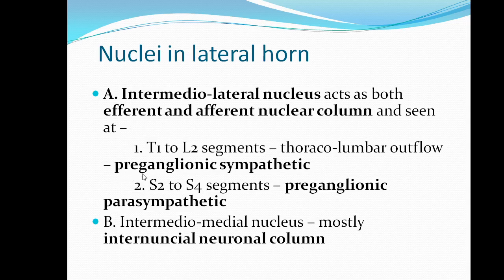It consists of preganglionic sympathetic fibers, and S2 to S4 segments contain preganglionic parasympathetic fibers. The intermediomedial nucleus mostly contains the internuncial neuronal column.